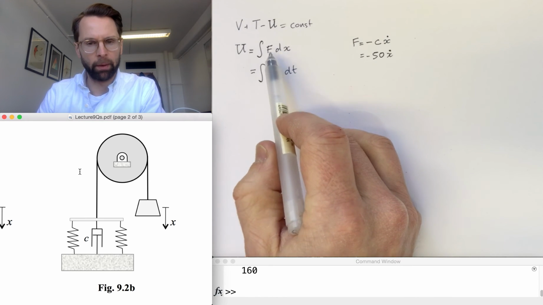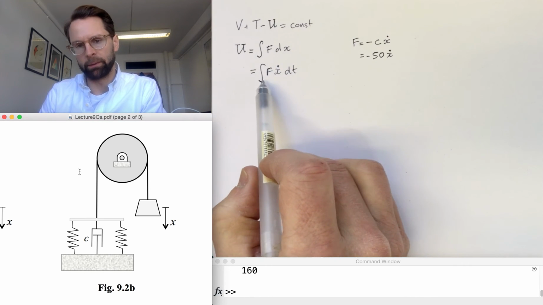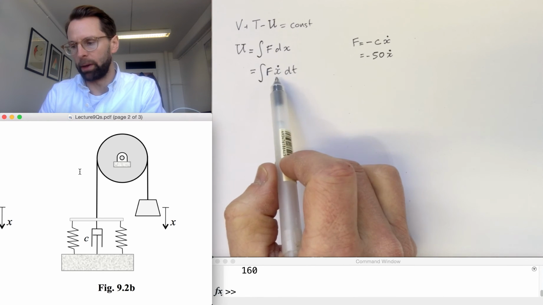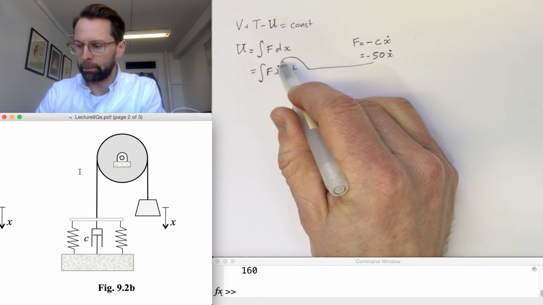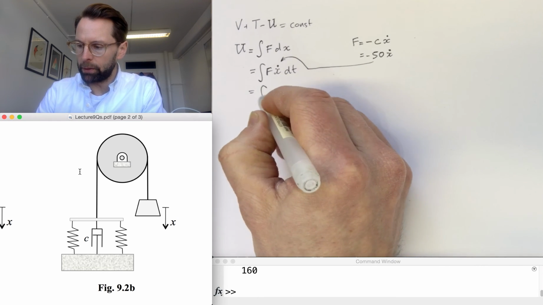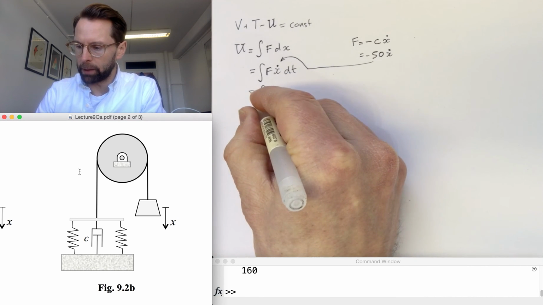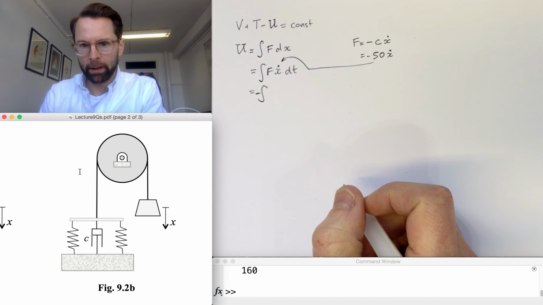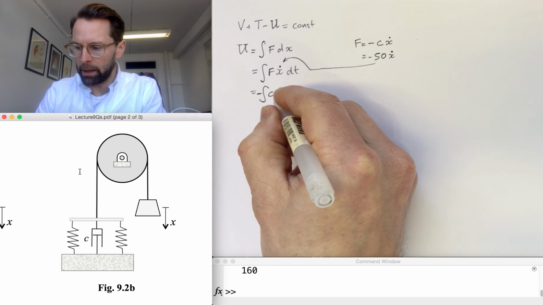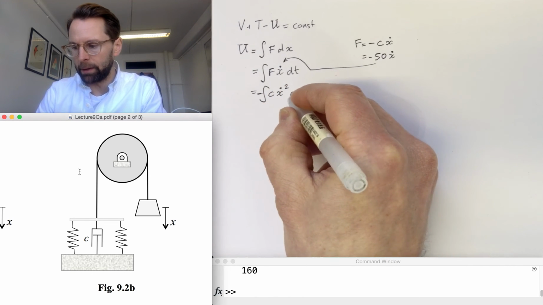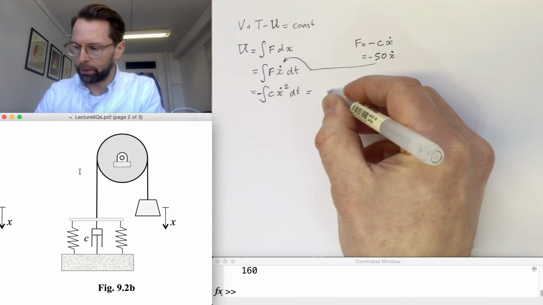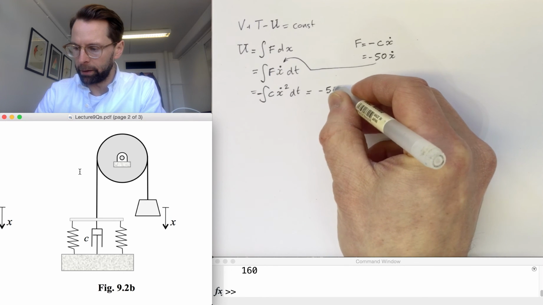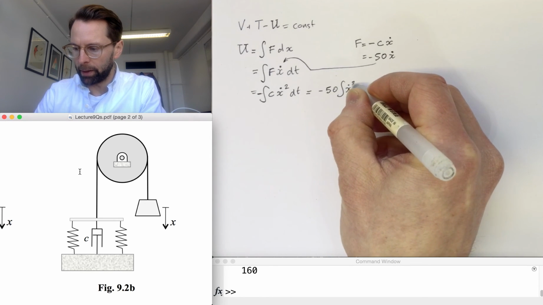Those two things are now equivalent. And when we eventually come to differentiate that, this will drop away nicely. So we're going to shove that in there now. And it will equal the integral of, I'll take the minus outside, c x dot squared dt, equal to minus 50 x dot squared dt.